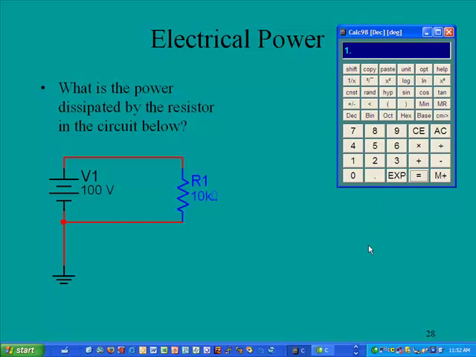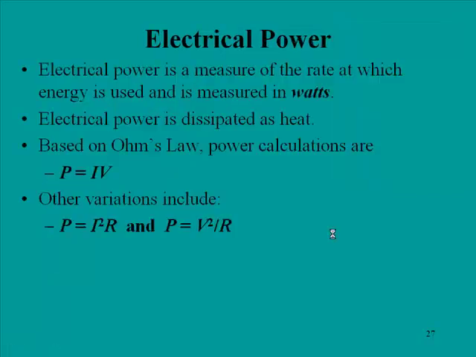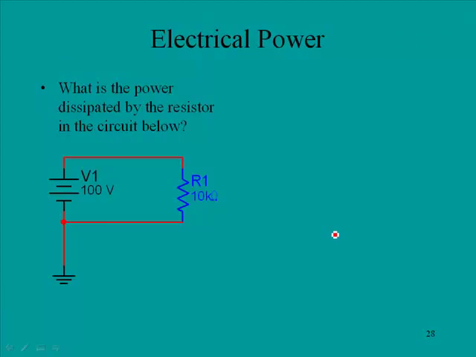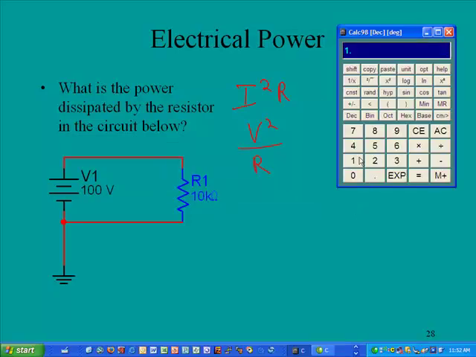And likewise, we had our other two formulas. We said I squared times R, or voltage squared divided by R. If we bring back our little calculator here, we had a current of 10 exponent minus 3, that was 10 milliamps.